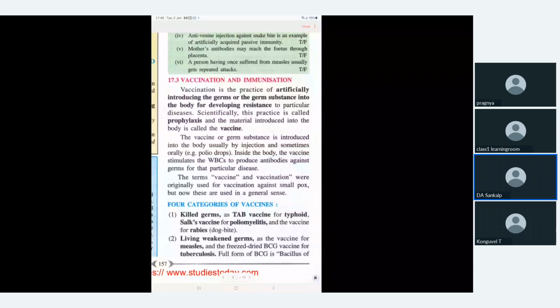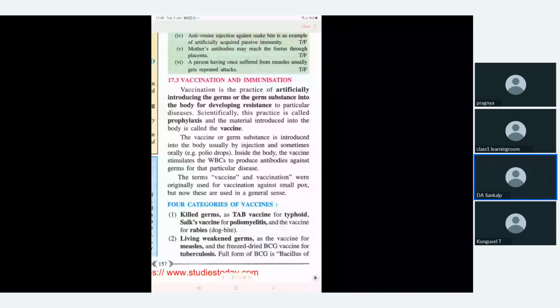Why is it called Salk vaccine? Because of Jonas Salk, the person who discovered the vaccine. That's why that vaccine for poliomyelitis is called Salk vaccine.